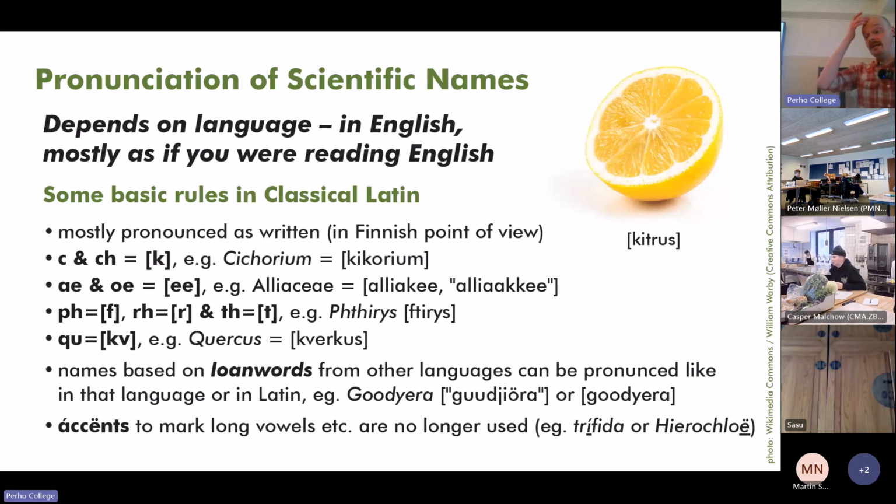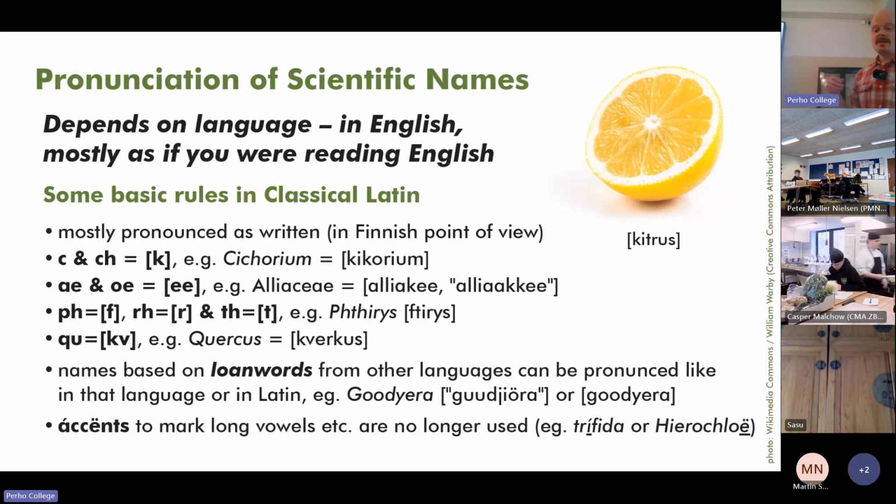Then, in case of loan words, scientific names always mean something, and they're mostly based on classical Latin or ancient Greek, but they are handled as if they were classical Latin.